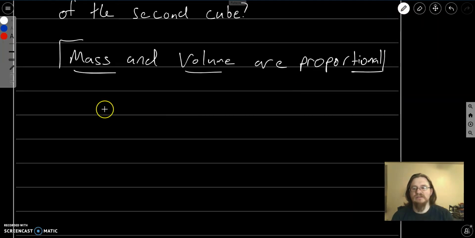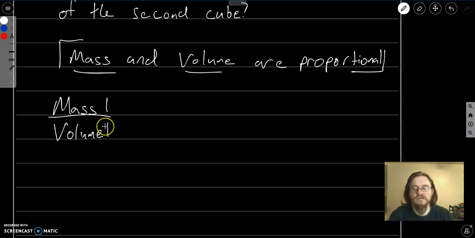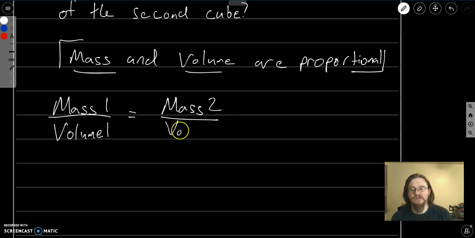So if I take the mass of the first cube, I'll call this mass 1, and the proportion of that to the volume, volume 1 for the volume of the first cube, this ratio is going to be equal to the mass of the second cube to the volume of the second cube. So again, mass and volume are proportional, meaning that their ratios are going to be the same, provided it's the same material.